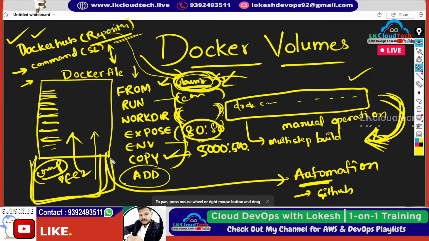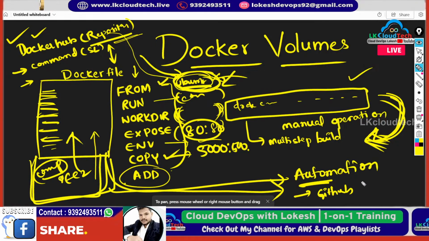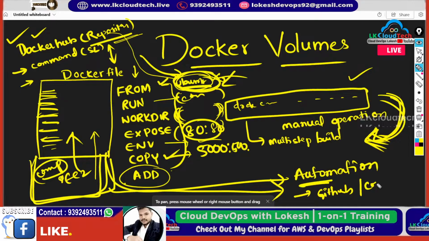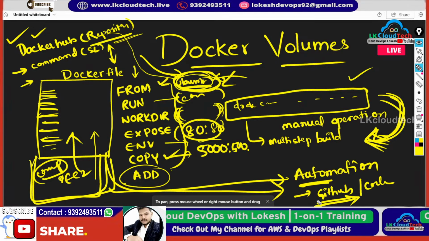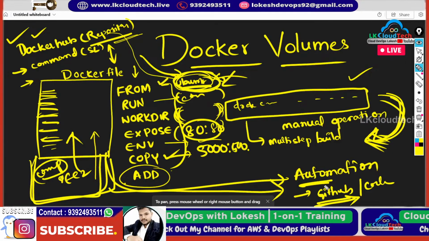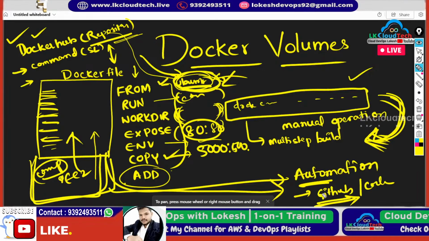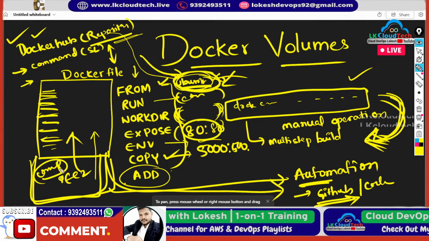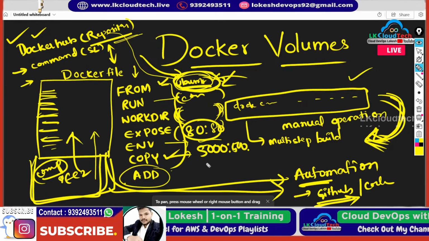Once you build it successfully, you can share this Dockerfile with your colleagues, or keep it in GitHub for future purposes. Then consistency: it ensures the same image is built every time. You can build multiple times, as you have seen.